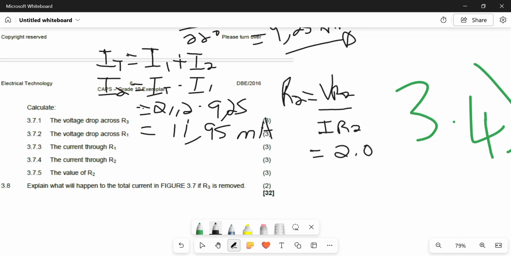Okay, so it's going to be 2.04, which is our voltage at R2, over 11.95 times 10 to the power -3. This thing is slow, sorry guys.